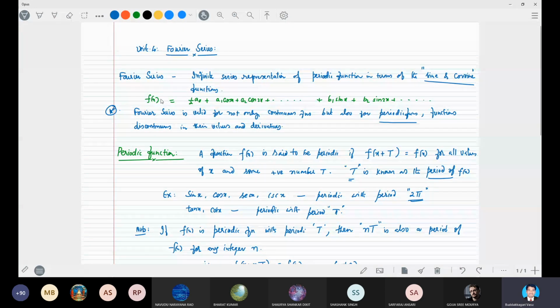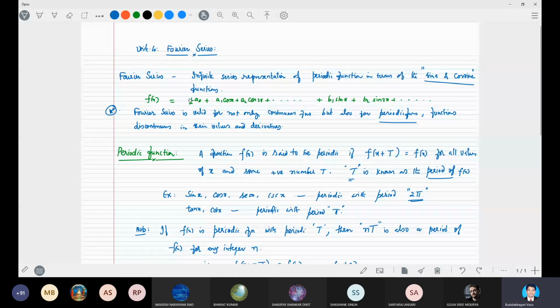This function can be represented as an infinite series. You see, there are an infinite number of terms. We will write later how the coefficients 1 by 2 a naught will be. This a naught, a1, a2, a3, and so on, b1, b2, b3, all are the coefficients.